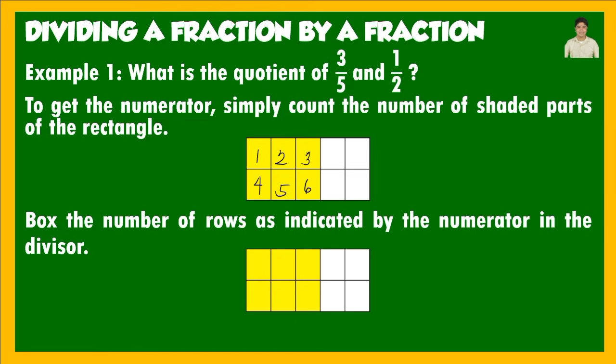Again, yung ating divisor is 1/2. And then, dito naman tinitignan natin is yung numerator. Okay. So, numerator natin is 1. That is why, ayan, binox po natin is isa lang po.